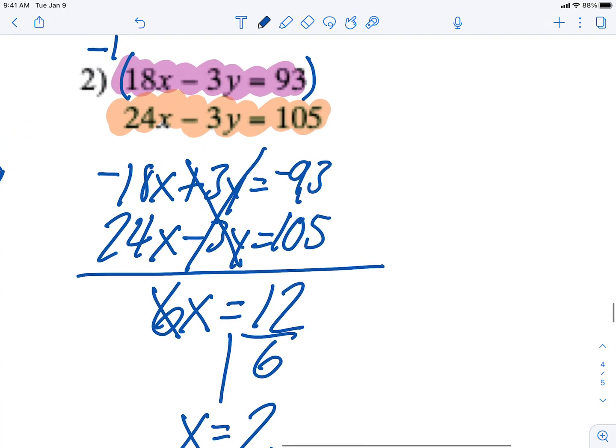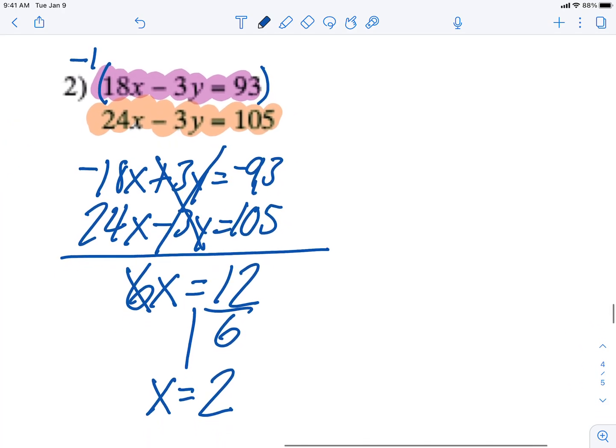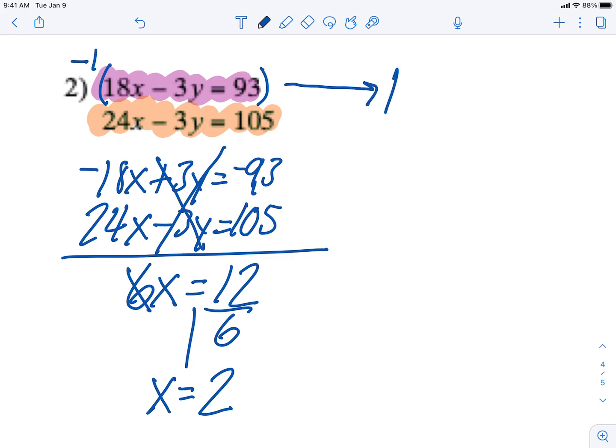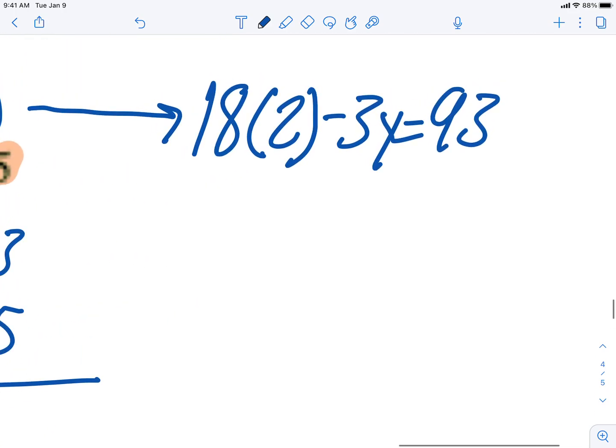Right? Next, I'm going to recopy over, and I'm going to copy the pink one because it looks like it's simpler numbers. 18, but instead of x, I'm going to put 2. Minus 3y is equal to 93. Okay? 18 times 2, nope. 18 times 2 is 36.